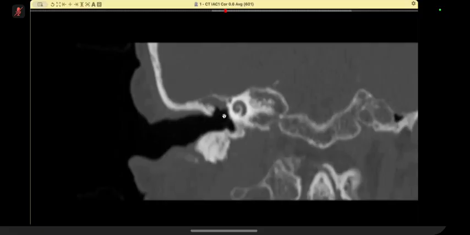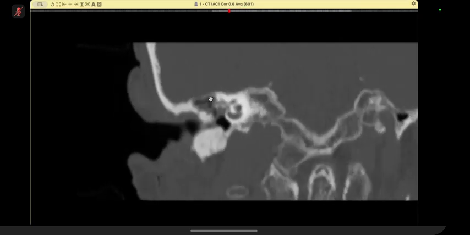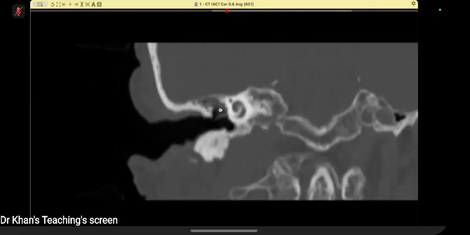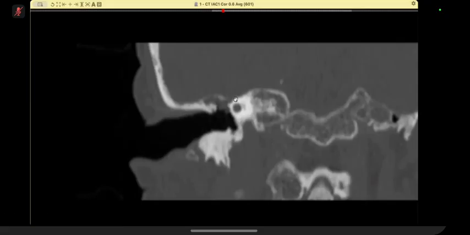It is not sitting there. The main epicenter is sitting here medially, and then is it causing tegmen tympani dehiscence? So we go up and down, and maybe here it is very thin, so we can raise that issue. But here, where I'm pointing out, there is a definite dehiscence.